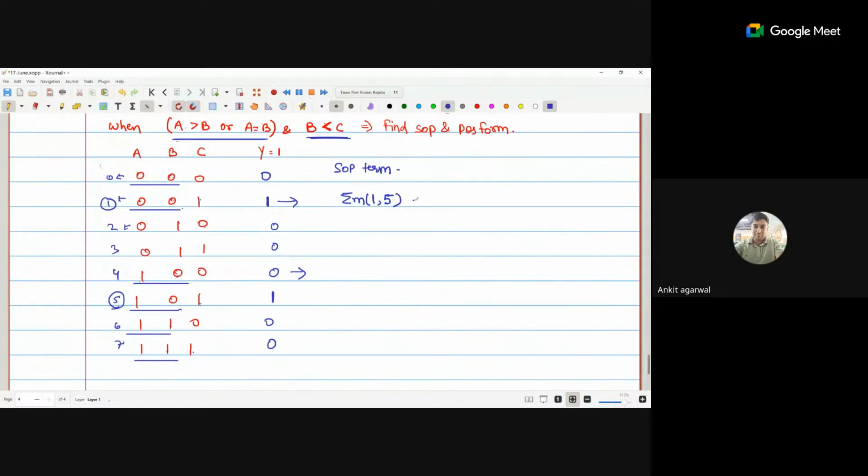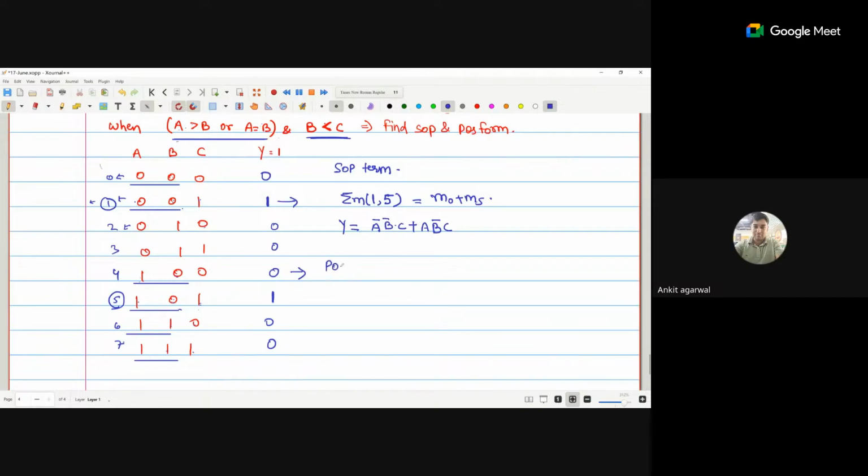So 1 or 5, or I can write m1 plus m5. If I write the equation, y is equal to a bar b bar c plus m5, this one. A is 1, so a, b is 0, so b bar, and c is 1, that means c.